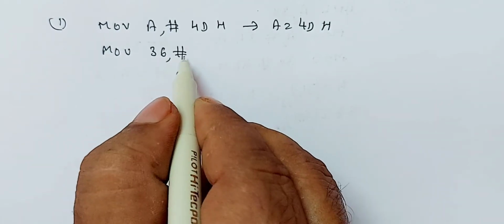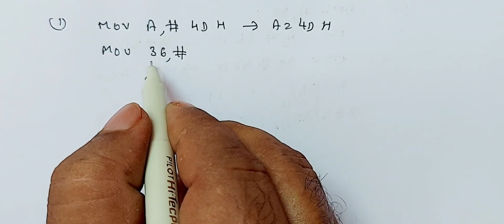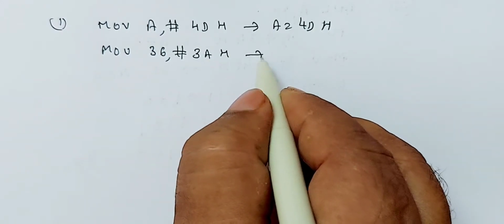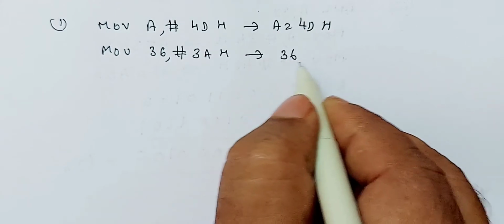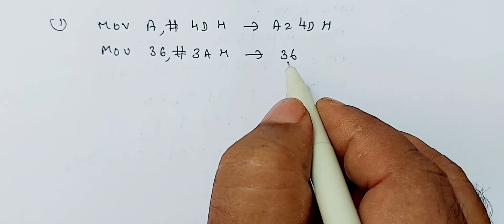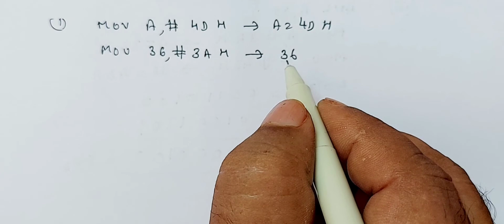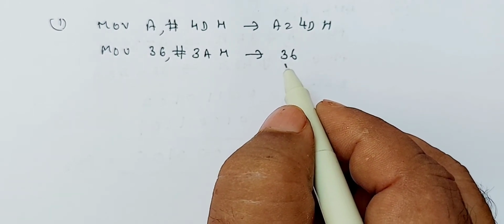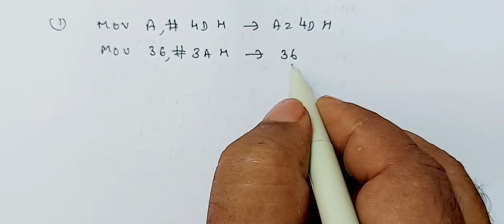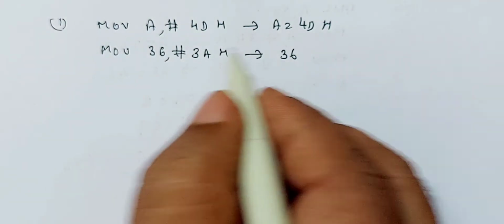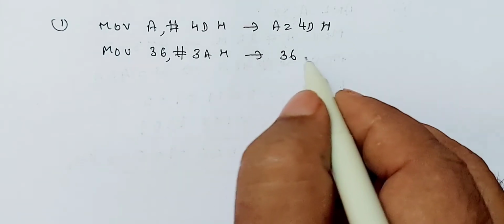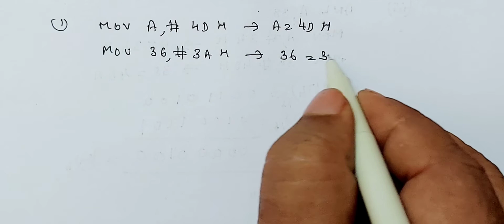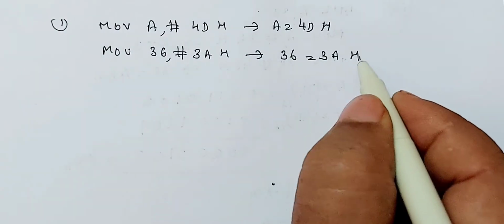So I will load some value to this RAM address 36, the value 3AH. The RAM locations have addresses from 30 to 7F. Here I have selected the RAM location given by the address 36. In that address I have loaded the value 3A. Therefore the RAM location at address 36 is now loaded with the value 3AH.